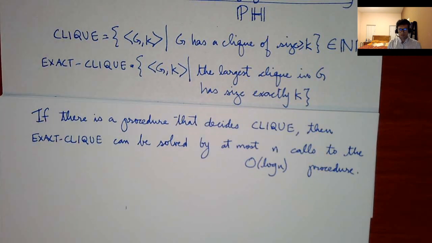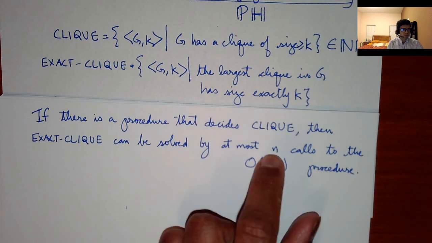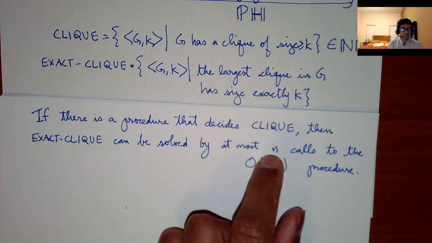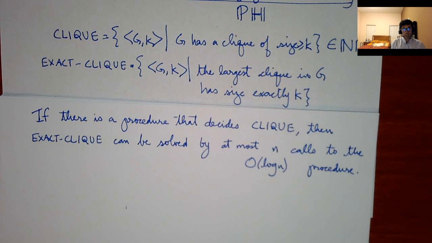This is called a Turing reduction, which is different from the kinds of reductions we do. But I want to make this point really clear, that a procedure to solve clique can be used to solve exact clique, at most polynomially many times. So if there was an efficient procedure for clique, there would be an efficient procedure for exact clique.